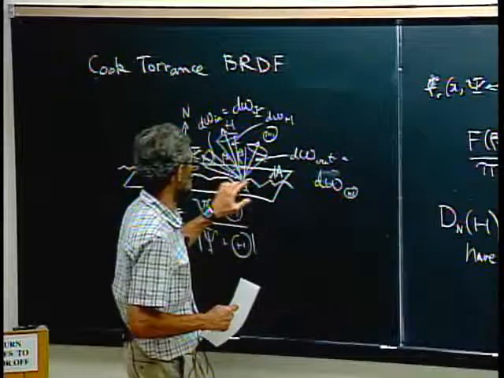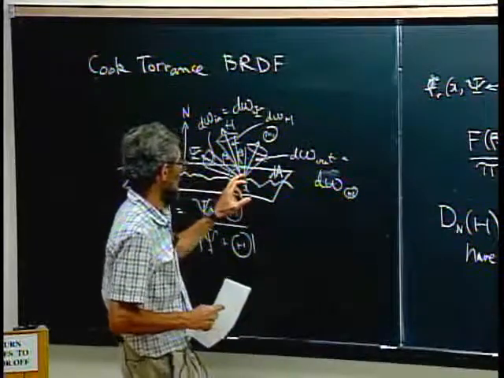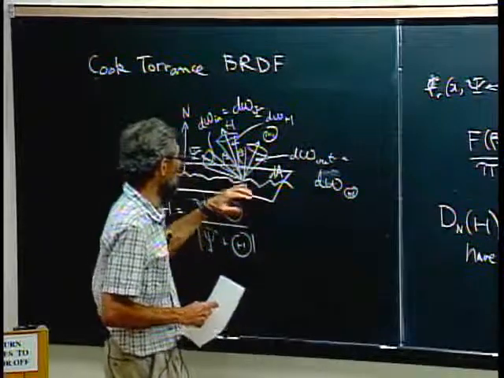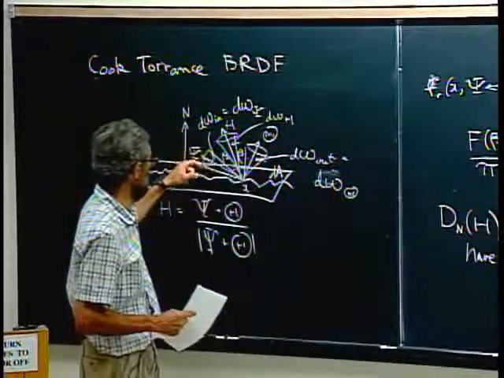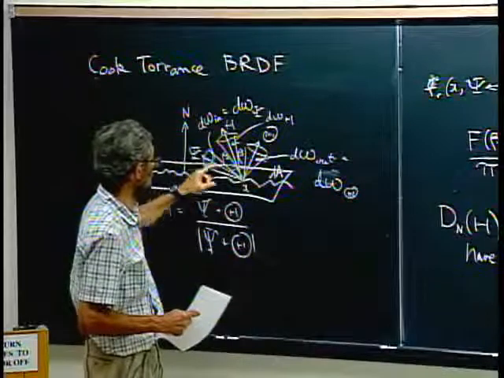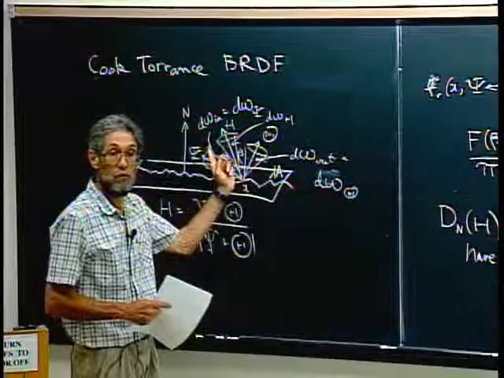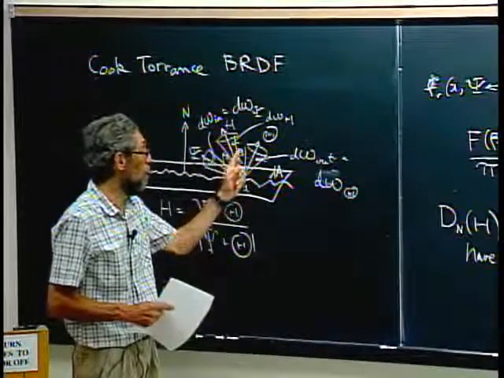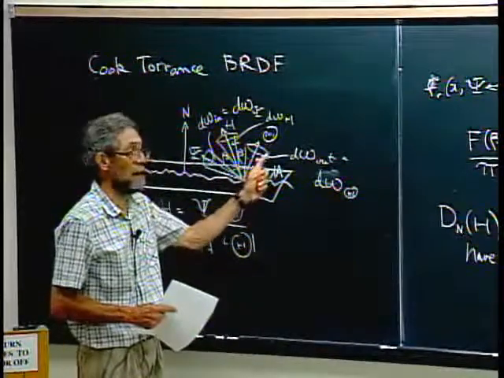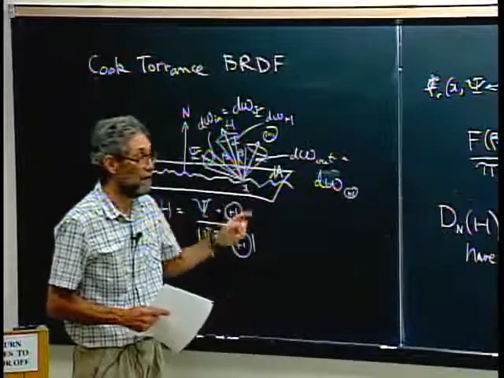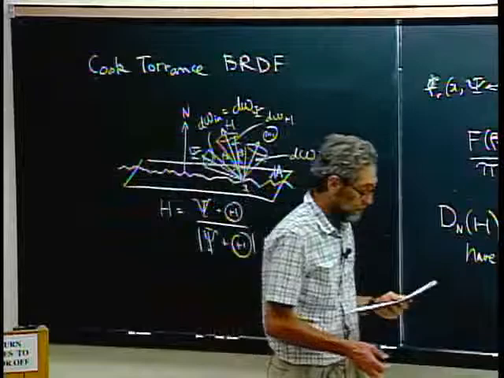And then I want to see how much, one way to think of it is, if I have a solid angle of incoming directions and a solid angle of normal directions, and both of those wiggle, that's actually going to determine the solid angle that the light comes out in. Okay.